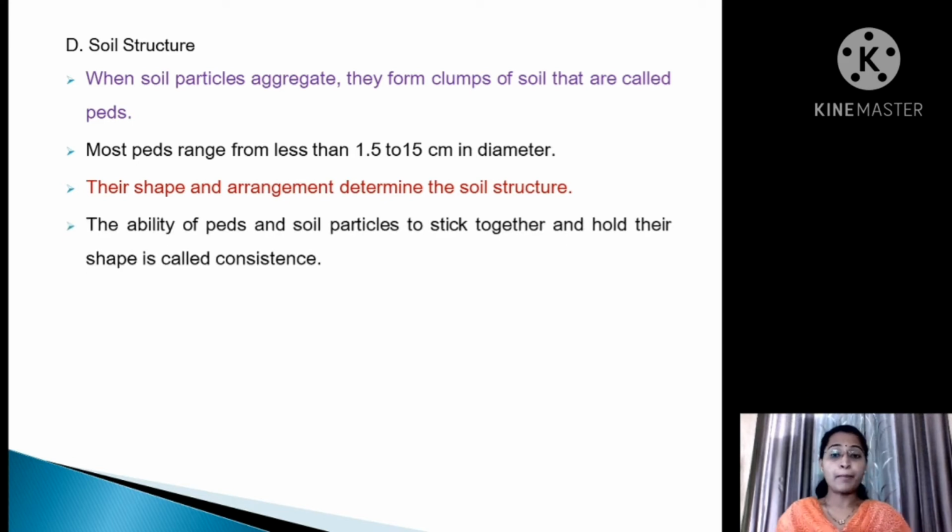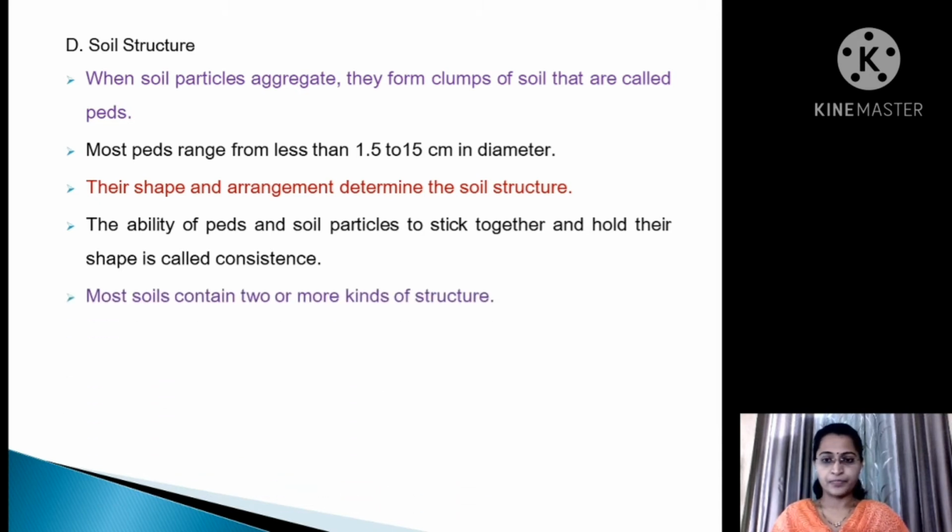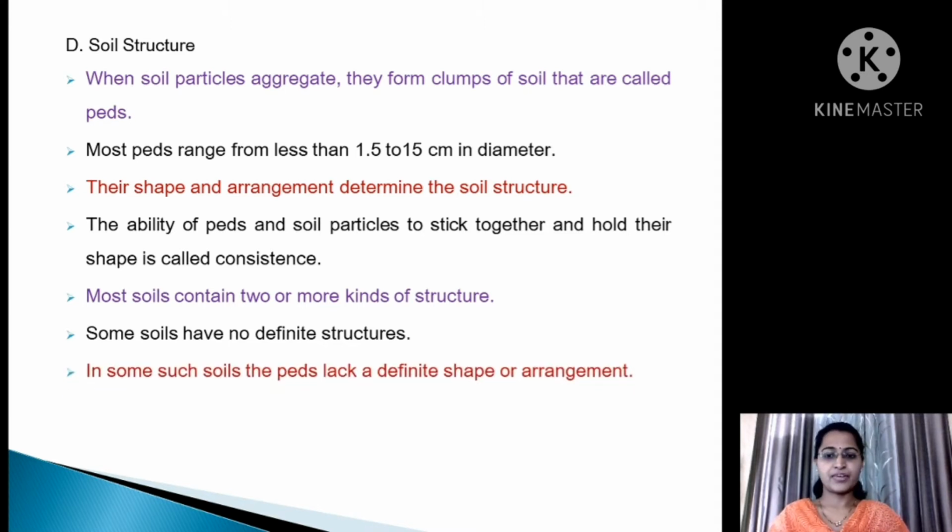The ability of peds and soil particles to stick together and hold their shape is called consistence. Most soils contain two or more kinds of structure, and some soils have no definite structure. In some such soils, the peds lack a definite shape or arrangement.